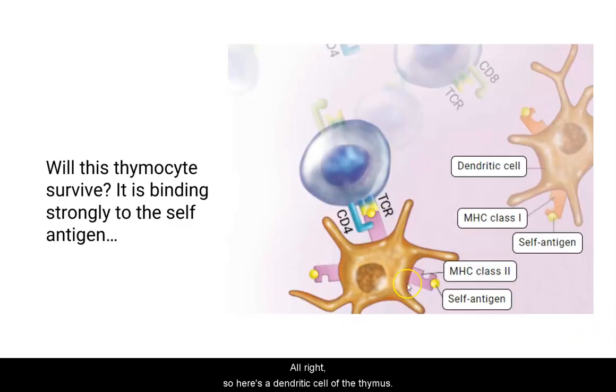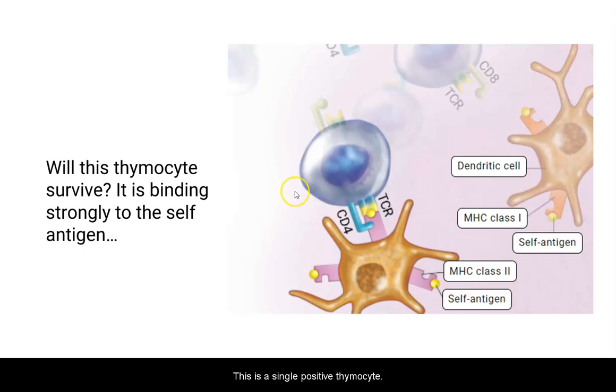All right, so here's a dendritic cell of the thymus. It's presenting self-antigen on its MHC class 2 molecule. So if it's a class 2 molecule, we know that the co-receptor it's going to be binding is CD4. Remember, CD4 is going to bind to class 2. CD8 is going to bind to class 1.